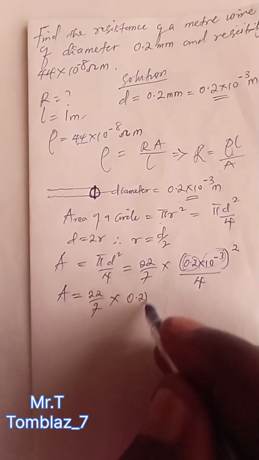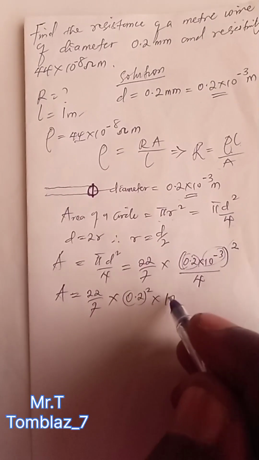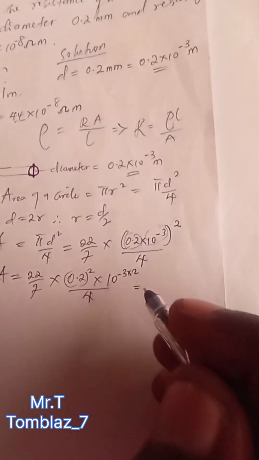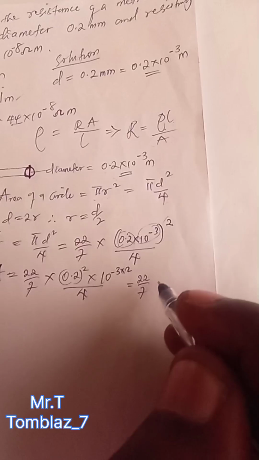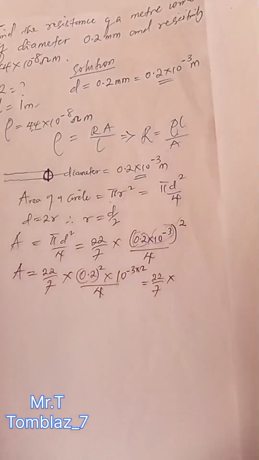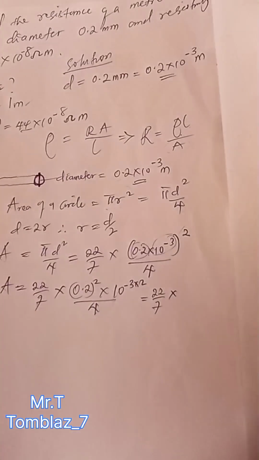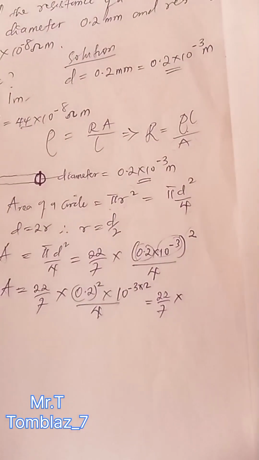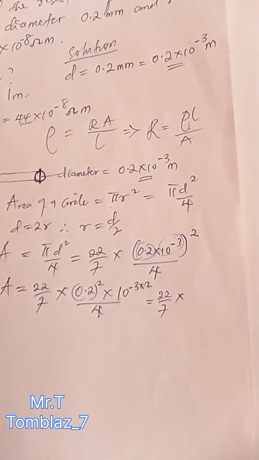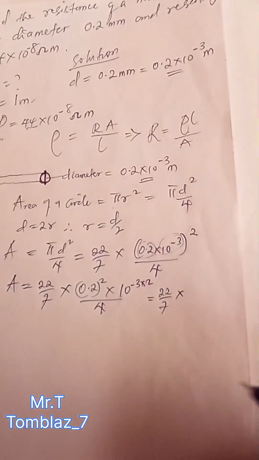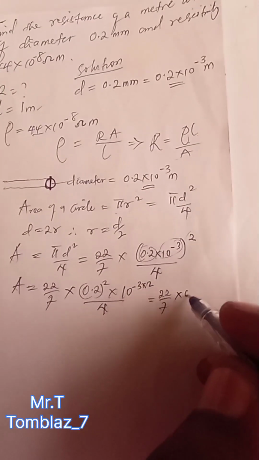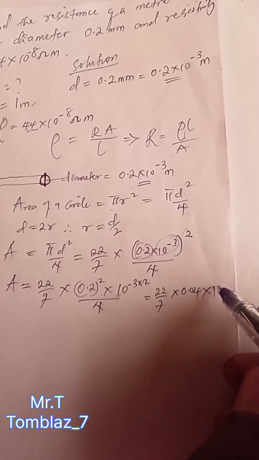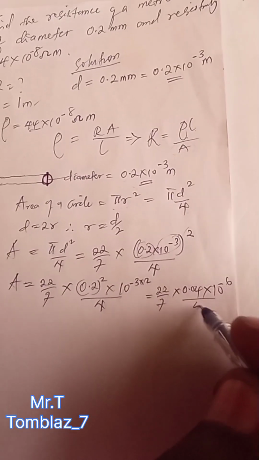So we have 0.2 squared times 10 raised to the power minus 3 times 2, all divided by 4. 0.2 squared is the same thing as 0.04 or 1 over 25, anyone you want to use. I can just use 0.04 times 10 raised to the power of minus 6 all over 4.